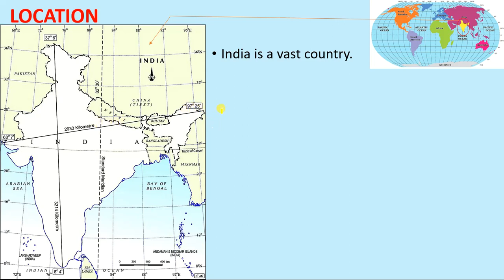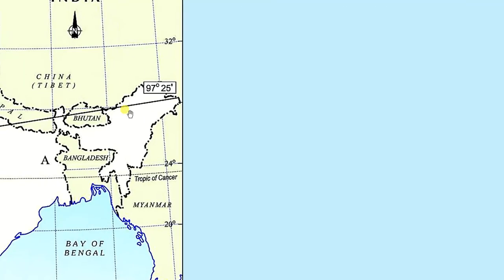See students, whatever inverted comma you are able to see, if you see this number, 97 degree and 25 minute, the single inverted comma is for minute. If there is a double comma, that will be second.